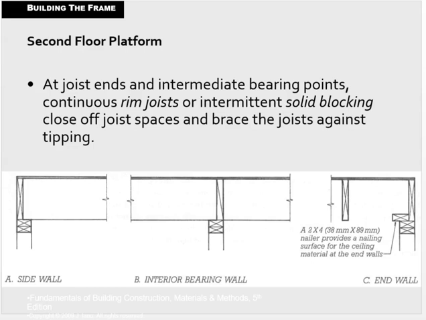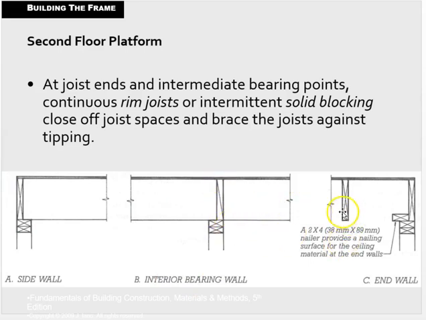This is really a similar detail, just how these joists at the second floor platform are being supported on the walls below. These walls are now taking the place of the foundation, essentially. So the joist is coming over, bearing on the wall, and then we have our continuous rim board. Here we have an interior bearing wall coming over, and we have our blocking.